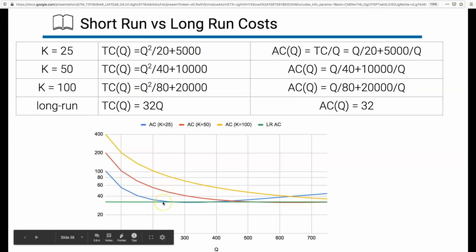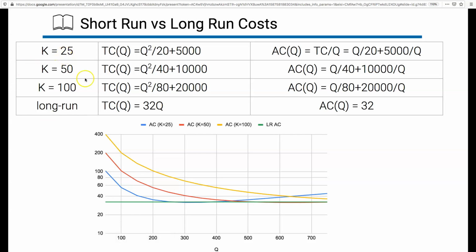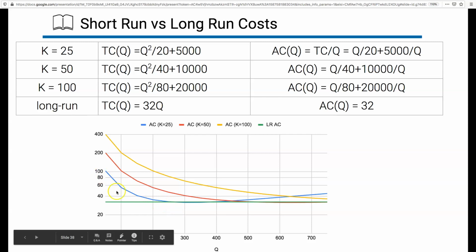In fact, if you remember the answer, that combination corresponds to capital equal to 18.6, so slightly under 25. So there's going to be a short run average cost curve that corresponds to the long run solution for 240. For a different level of output, we will pick a different level of capital.